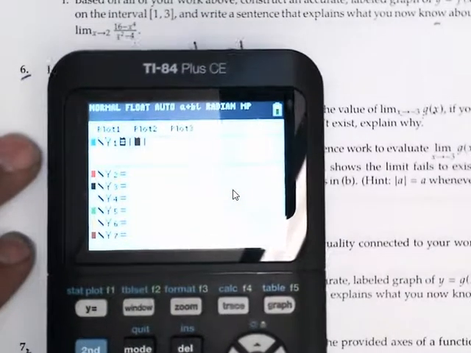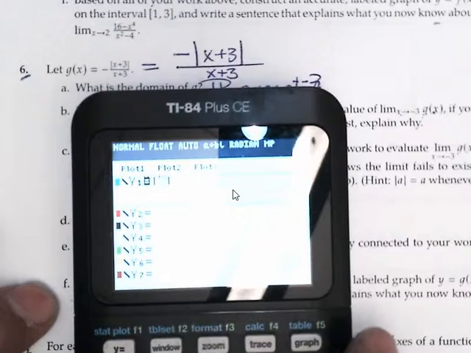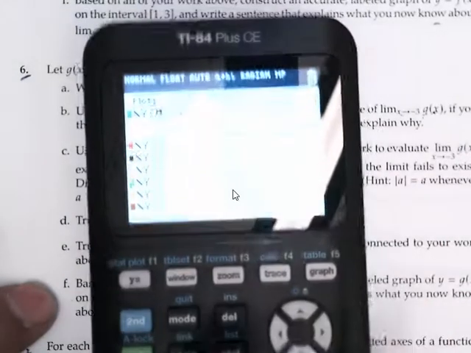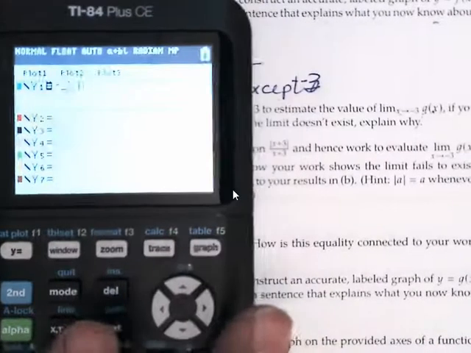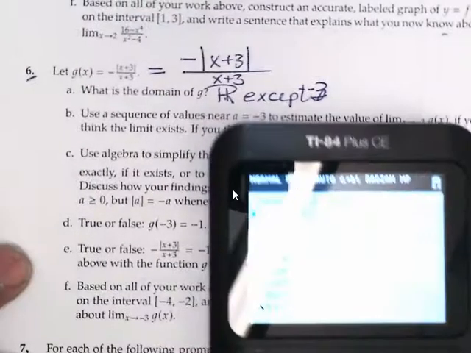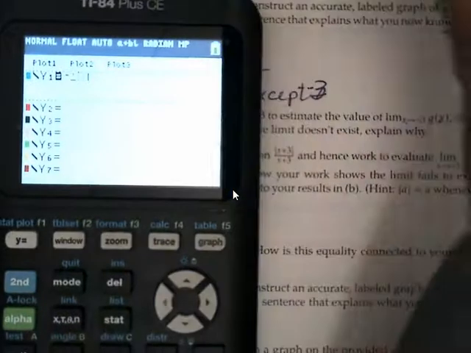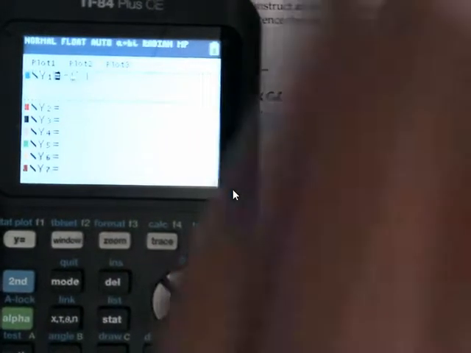Here we have, what was it, minus, oh, I forgot the minus out front, so I go back and go second insert and put a negative in there. And I get it where it's not reflecting. I'm having trouble. Maybe I'll turn that off. Did that help? Nope, so turn it back on.